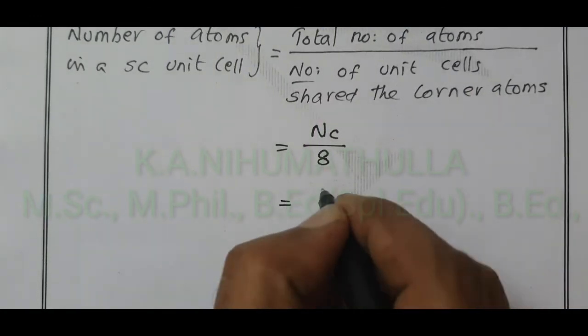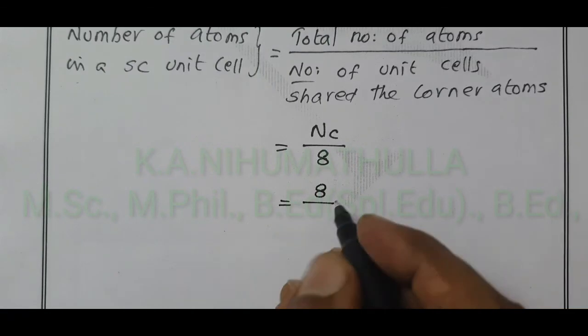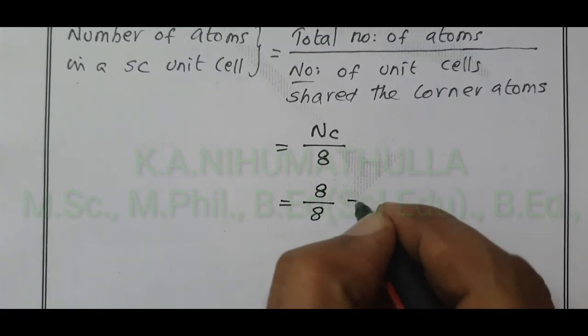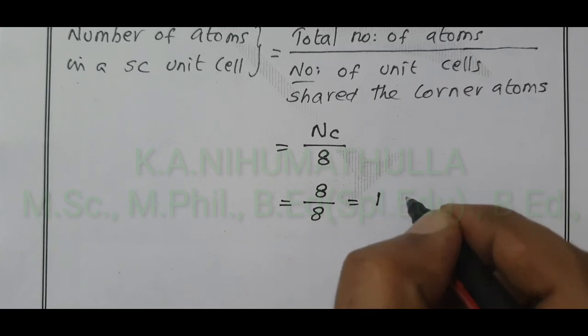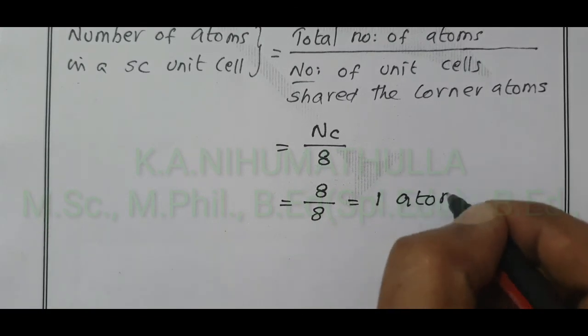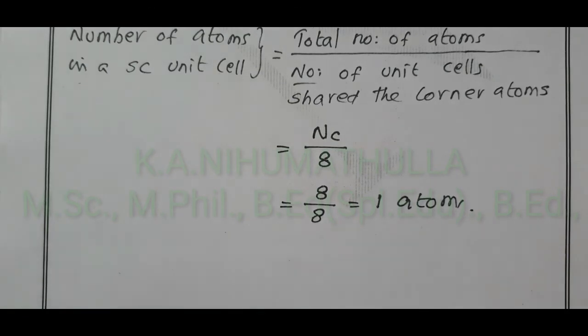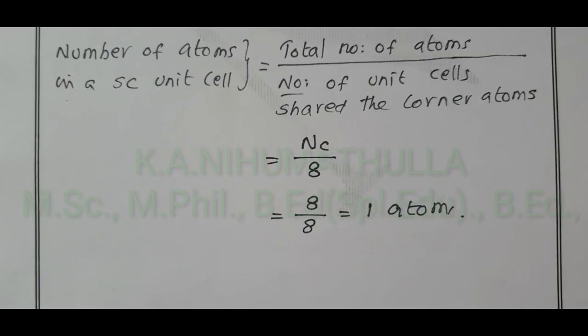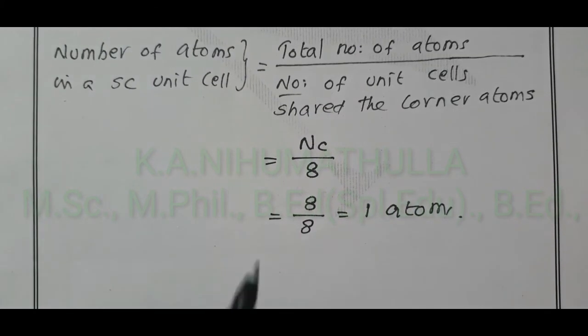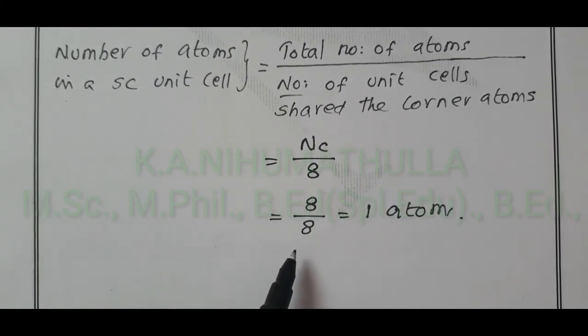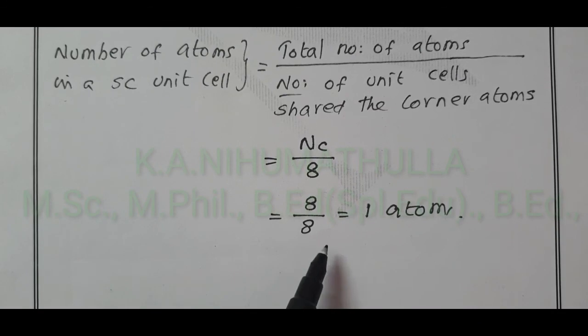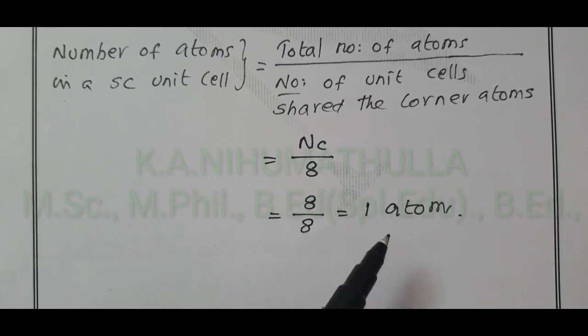Number of corner atoms is 8. One corner atom is shared by 8 unit cells. So totally only one atom is present in simple cubic. Very simply remember, in simple cubic, though there are 8 atoms at the corners, one corner atom is shared by 8 unit cells, therefore only one atom is present in simple cubic.